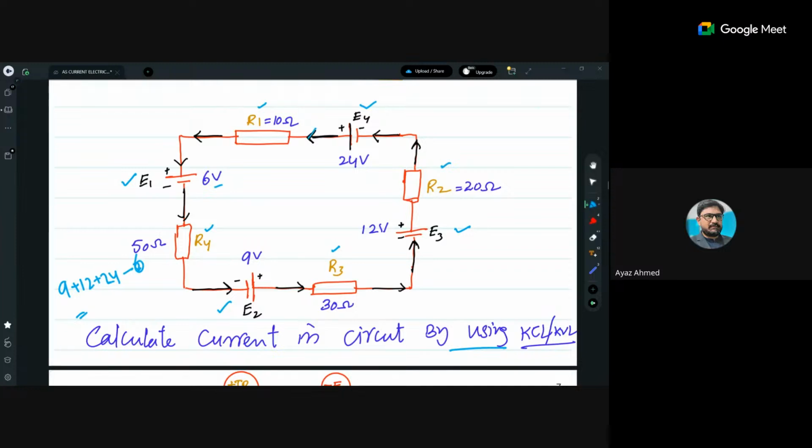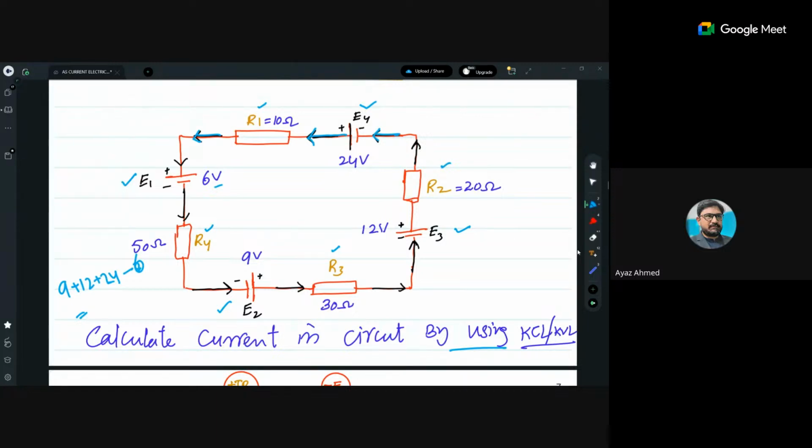So let's say the conventional current is from positive terminal of 24 volt to the negative terminal of 24 volt. You will be given this conventional current in the circuit. So you are not supposed to find it. It would be mentioned most of the time. 99% chances are there that conventional current direction will be marked in the circuit.